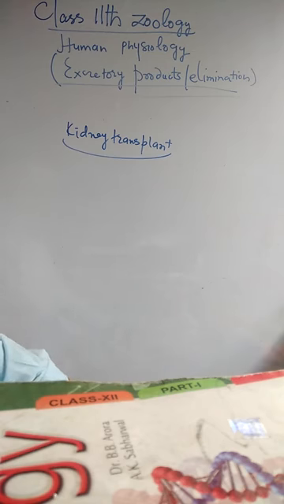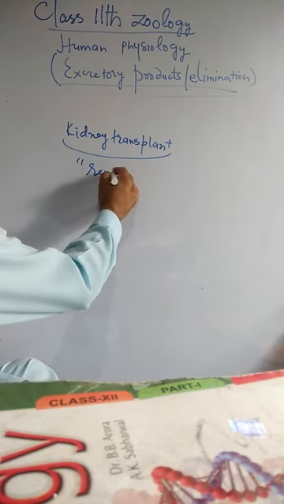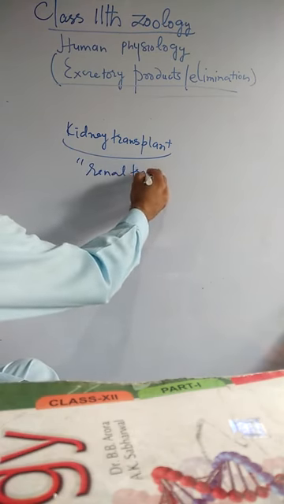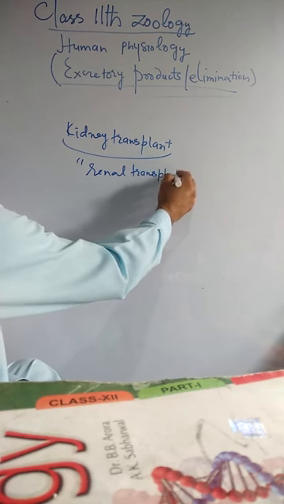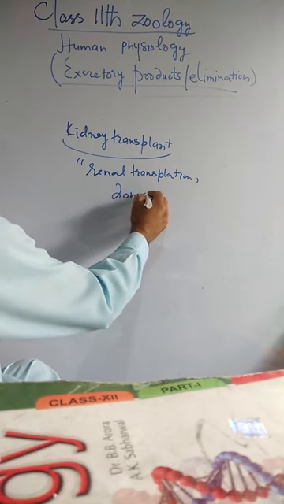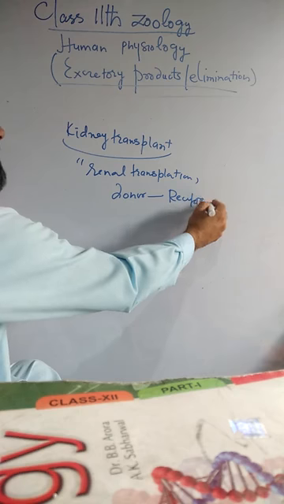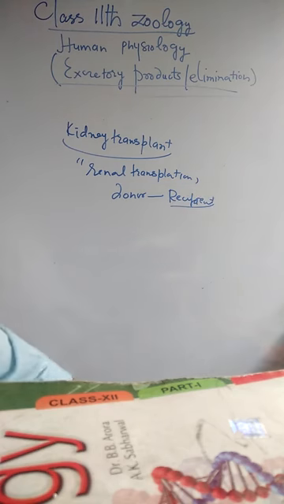Grafting a kidney from a compatible donor to restore kidney function in a recipient suffering from kidney failure is called renal transplantation. Whenever we select a donor, that donor donates the kidney to the recipient. This recipient has lost the kidney due to accidental damage or pathogenic attack.